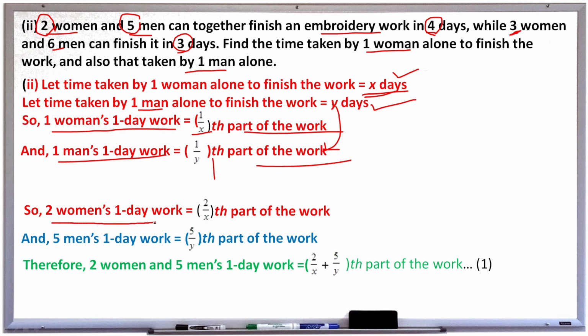2 women's 1 day work: 1 woman is 1 by x, so 2 women means 2 by x part of the work. Similarly 5 men, so 5 by y, 5 men's 1 day work is 5 by y. Therefore 2 women and 5 men's 1 day work, we add: 2 by x plus 5 by y part of the work.